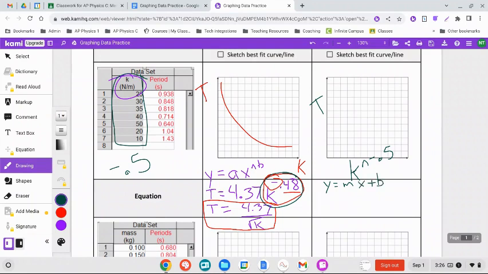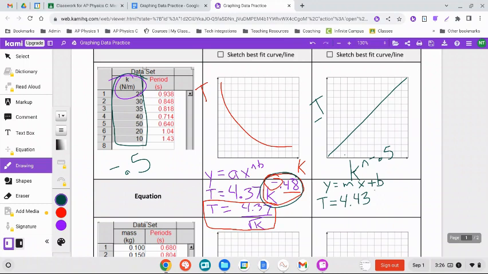And when we graph the period by the spring constant to the negative 0.5 power, or the inverse square root, we ended up with a linear function. On my y-axis, again, is the period. The slope was 4.43.